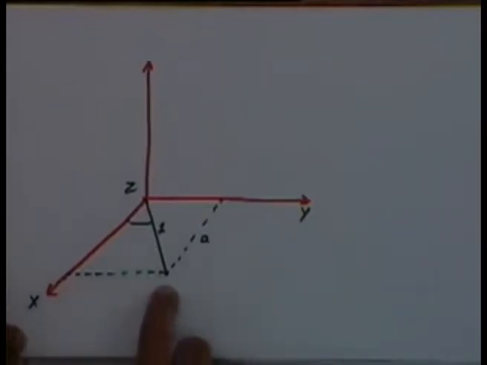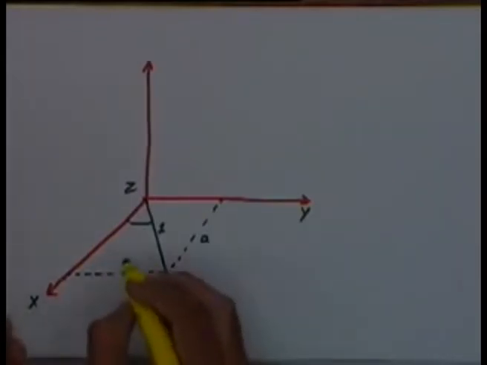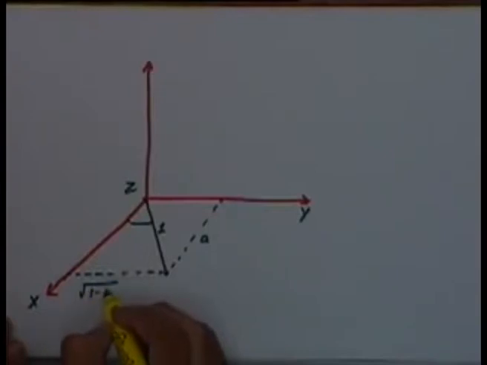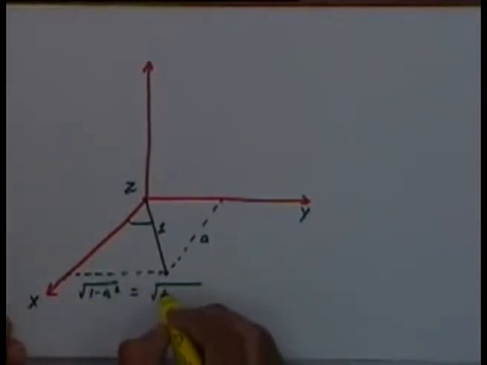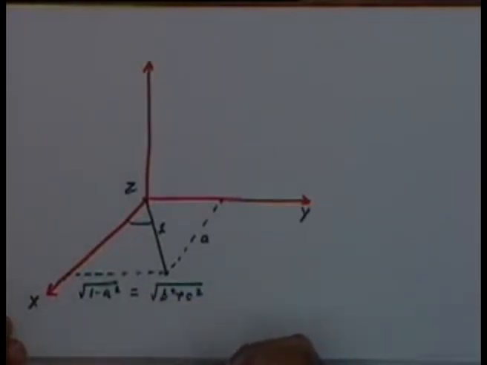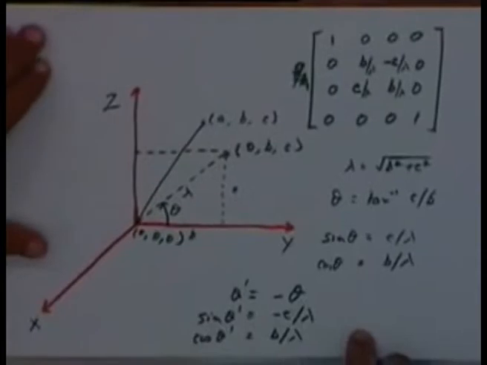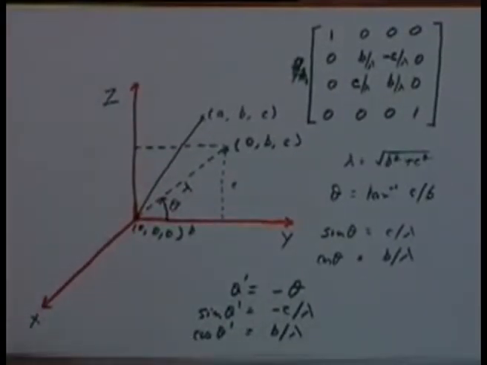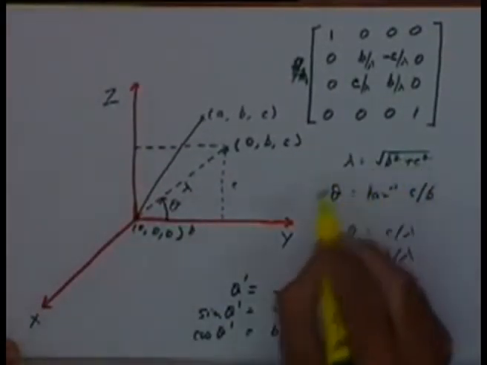And what will be the y coordinate? Under root of 1 minus a squared, which is the same as under root of b squared plus c squared, which is the same as lambda. If you look at this figure, under root of b squared plus c squared is the same as lambda.